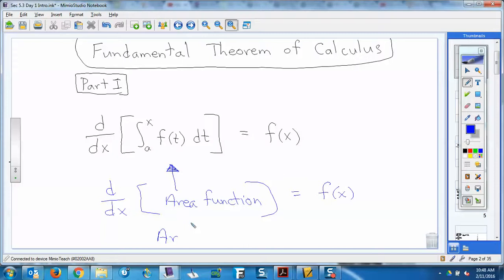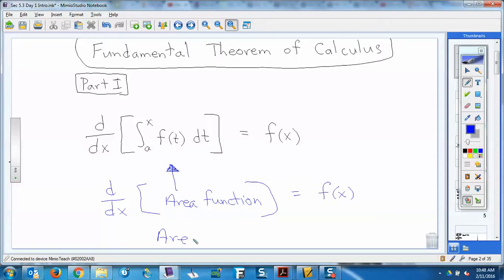With derivatives, we have rules to follow. Why is x squared's derivative 2x? Because that's the rule. But for antiderivatives, there isn't really a rule. The reason something's an antiderivative is because when you take the derivative of it, you get back to what you started with. Okay? Well, that's what this is saying in fancy lingo.